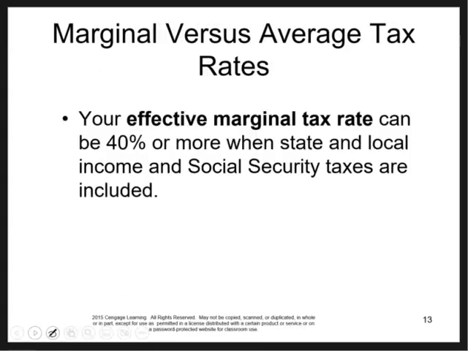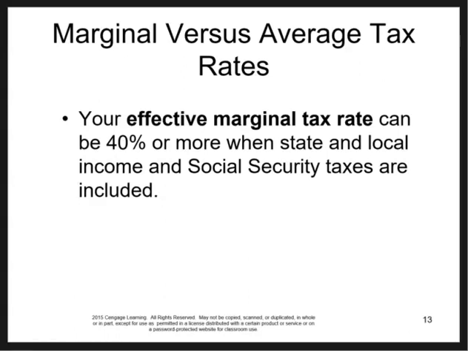Marginal versus average rates. Your effective marginal tax rate can be as high as 40% or more when state and local income taxes and Social Security taxes are included. We'll do an example shortly where we talk about somebody living in the city of Philadelphia, a single person whose marginal tax rate is well over 40%.